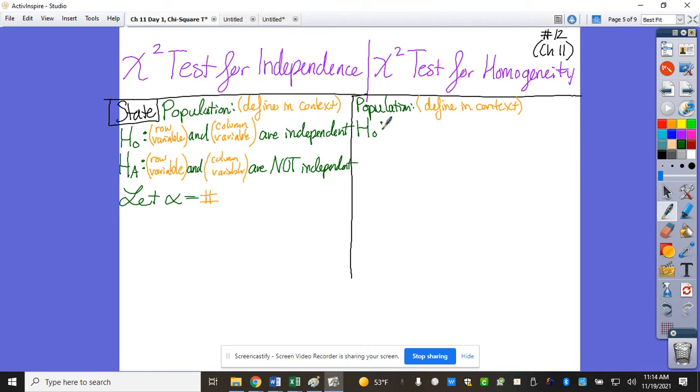The travel method to school. No, I'll do an easier one. Let's just do something obvious, and let's say the weather outside and the shoes you wear.